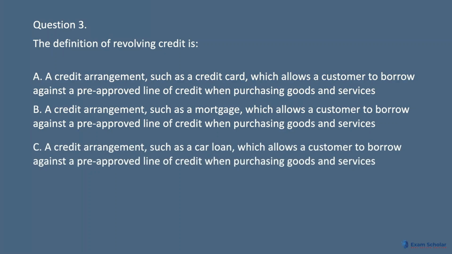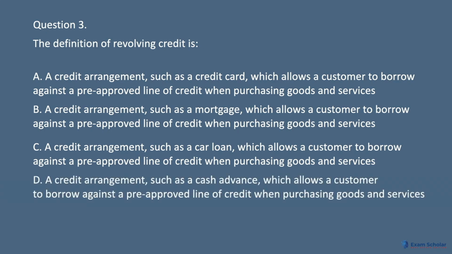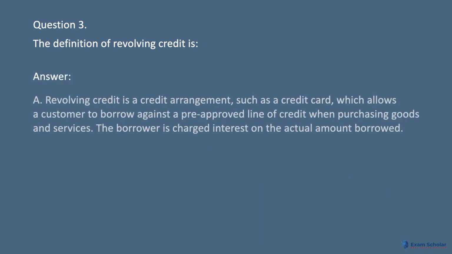C. A credit arrangement, such as a car loan, which allows a customer to borrow against a pre-approved line of credit when purchasing goods and services. D. A credit arrangement, such as a cash advance, which allows a customer to borrow against a pre-approved line of credit when purchasing goods and services. Answer: A. Revolving credit is a credit arrangement, such as a credit card, which allows a customer to borrow against a pre-approved line of credit when purchasing goods and services. The borrower is charged interest on the actual amount borrowed.